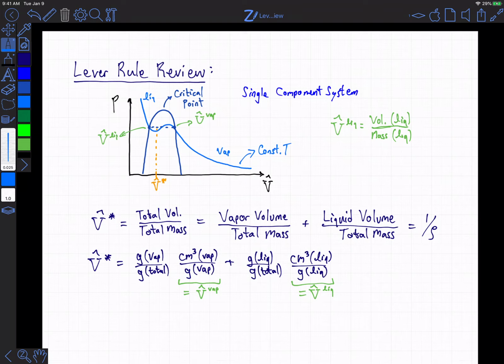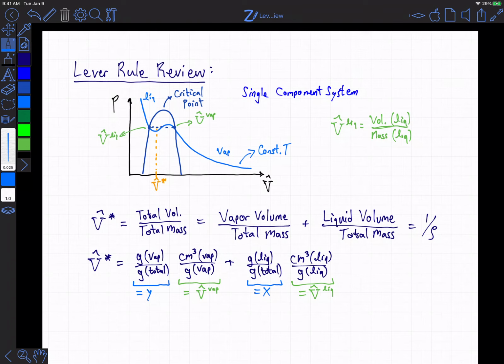And we could come in and define fractions, a mass fraction of vapor, a mass fraction of liquid. We're going to do that here using x and y. X and y show up all over the place, so we have to just be careful about our context here. But in this case, y is the mass fraction of vapor that exists in the total system.